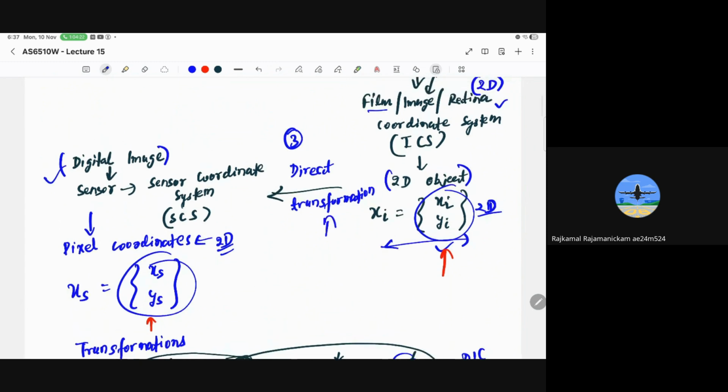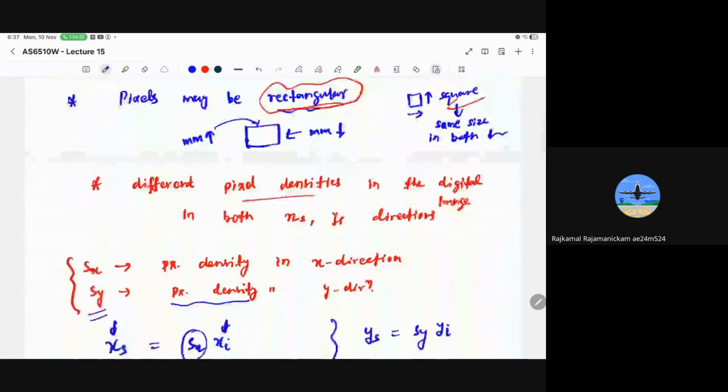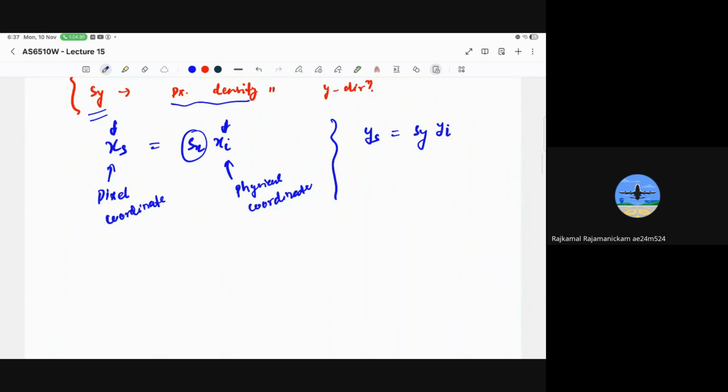Using this direct transformation, we are simply making use of pixel densities in the x and y directions. So xs, the pixel coordinate, equals the pixel density in the x direction times xi, and ys equals the pixel density in the y direction times the y coordinate in the image coordinate system.